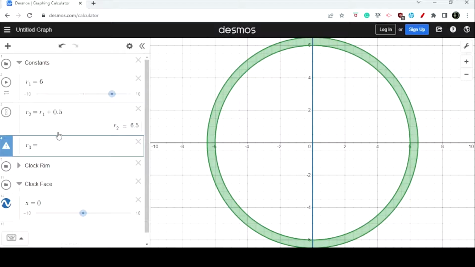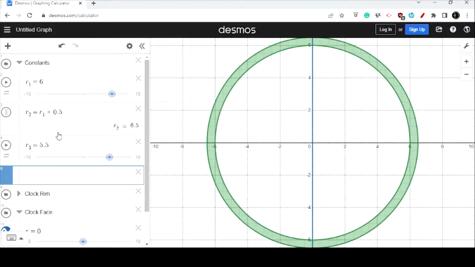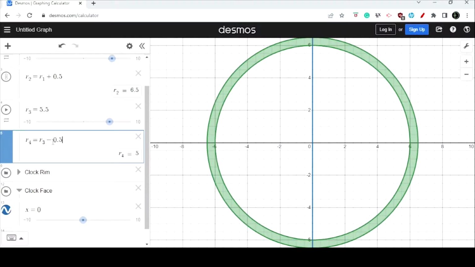So in this case, let's do 5.5 and see how that goes. And for the other constant, let's do R3 minus 0.5, and we'll see how that goes.